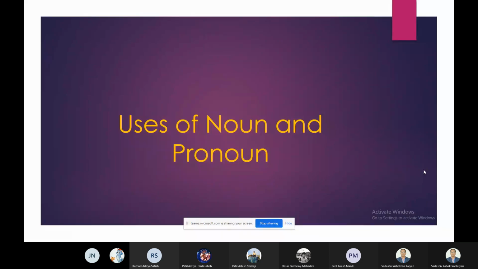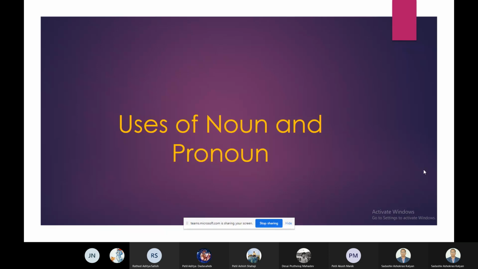Whenever we read a paragraph from any notable book, our work will be just to find out which is the noun, what kind of pronoun we found here, adjective, adverb, conjunction, preposition, interjection.